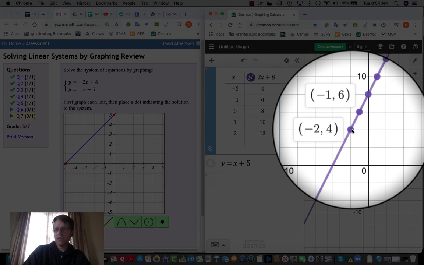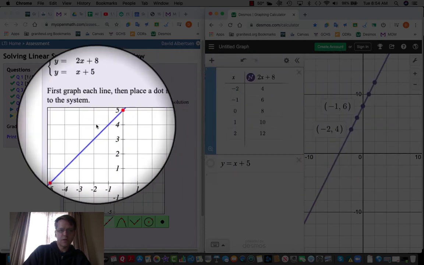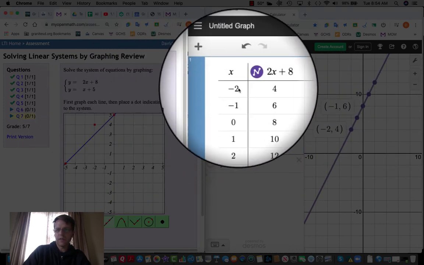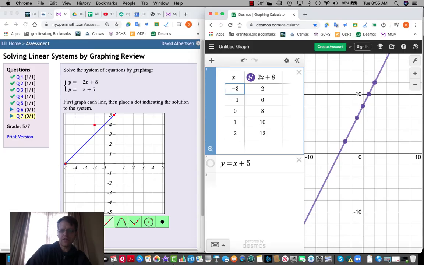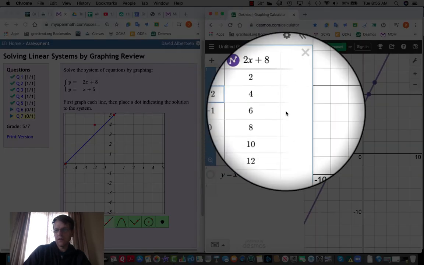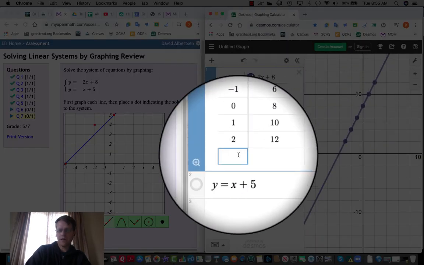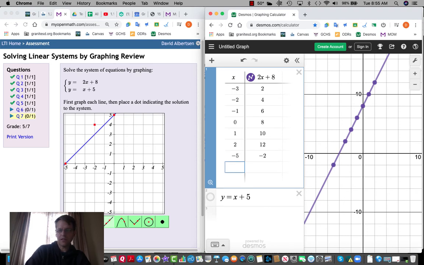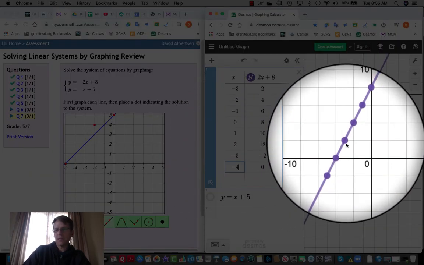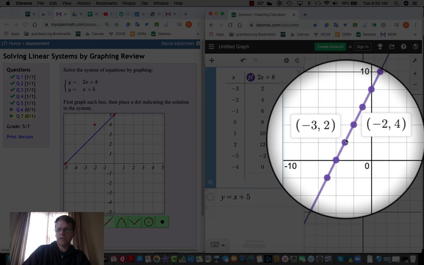So here we have -2, 4. We can click there. And in fact, I feel like I'd really like to know what -3 is. And that gets me a dot back here. I just added in some more. You can type them down here, whatever. You can type in any dots you want. Right? So now I can click on some more dots.